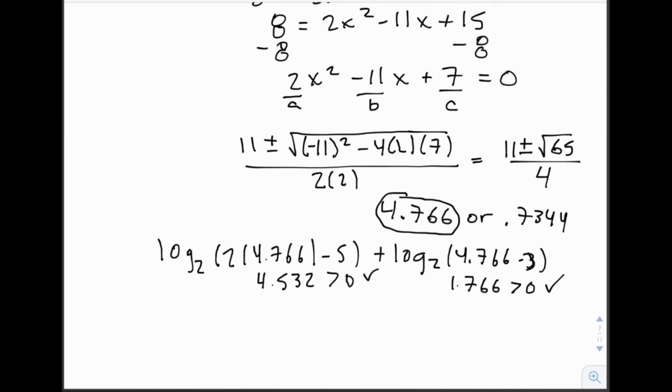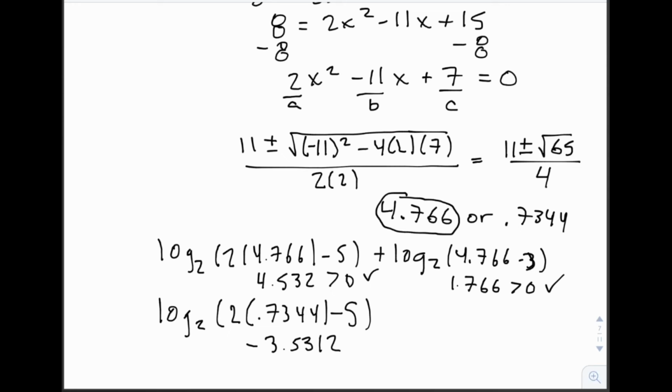So that means that 4.766 is going to be one of our solutions. Now we need to go ahead and check the 0.7344 to make sure that we don't have any negative arguments for our log. So log base 2 of 2 times 0.7344, and then finally minus 5. What this actually turns out to be is negative 3.5312, which is not greater than 0.